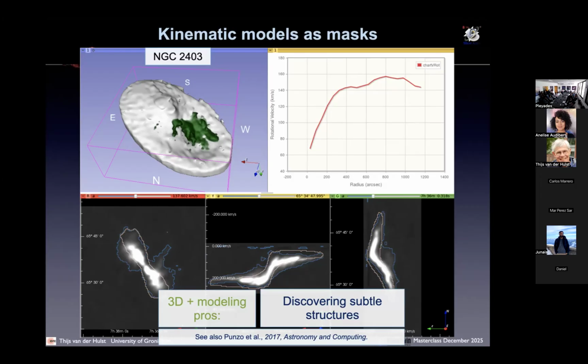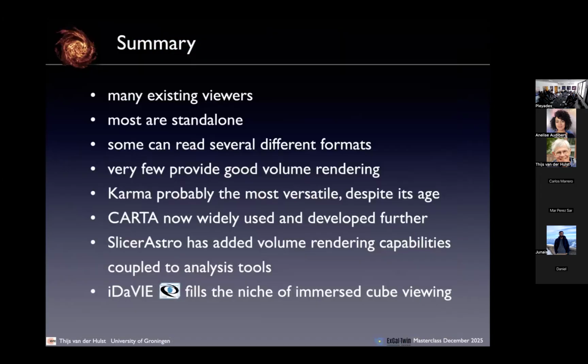And then rather than the SoFiA masks, which are from the source finding, it was a model mask. You can play the same trick. You can basically isolate, by just telling the software to show everything outside the mask, this feature in 3D and see all the things that are not fit properly by the Barolo model. So there are various ways of doing this.